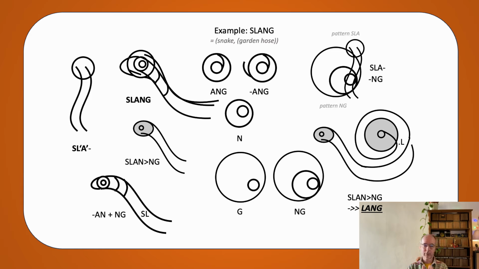Sometimes you recognize words simply because I separate the S from slang and I have lang, and I can recognize slang. That kind of thing you will notice more often than not if you play with the letter combinations and you succeed in forming the forms themselves. Let's go to the next word.